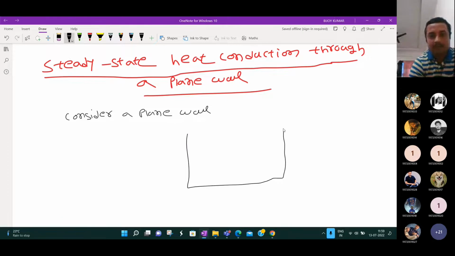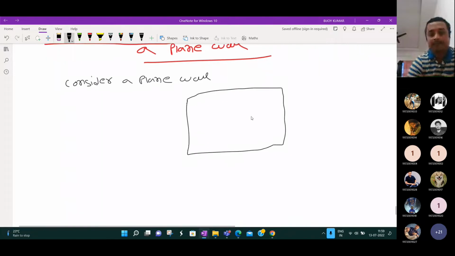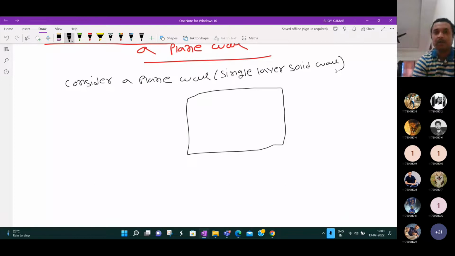This is what a plane wall we can take. Plane wall means a single layer, made up of a single element. A single layer solid wall, plane wall. Suppose its length is delta x.